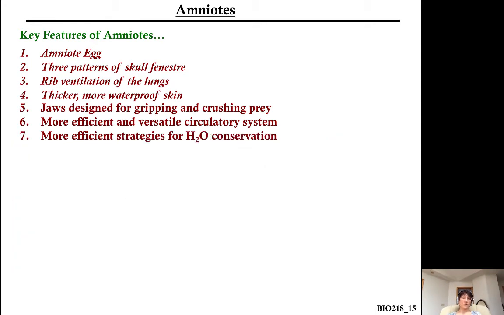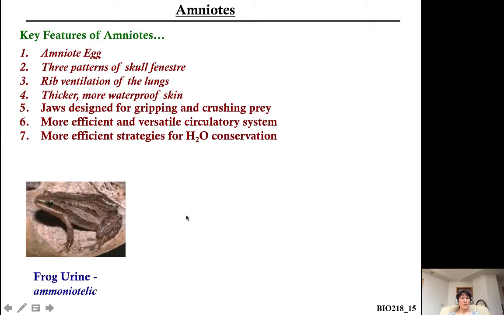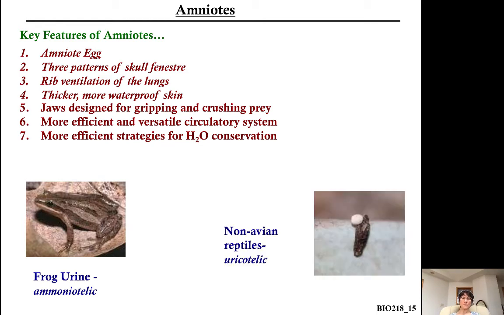So there are more efficient strategies for water conservation as well, in terms of the metabolic physiology in the kidneys. So again, comparing to the amphibians, which again are not amniotes, they have a pretty good kidney structure, but remember, these guys are tied to the water. So as a result of that, their urine comes out as being what's called ammonotelic, meaning it's very dilute nitrogenous waste.